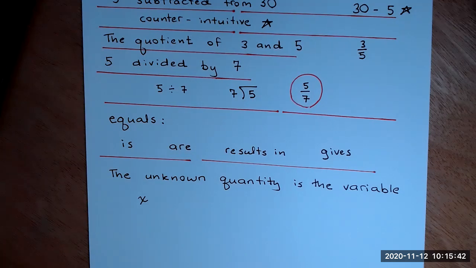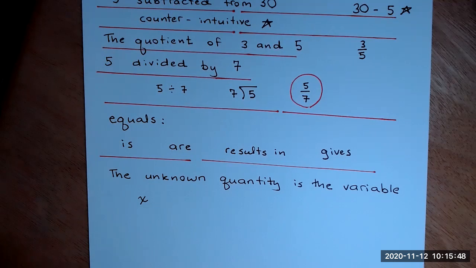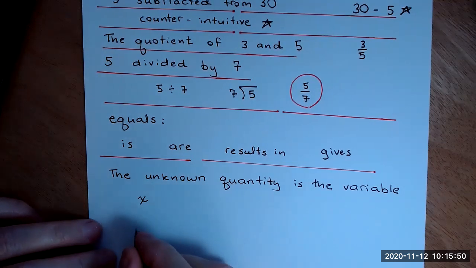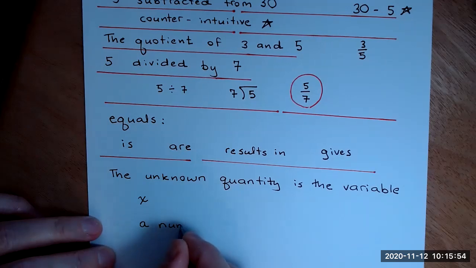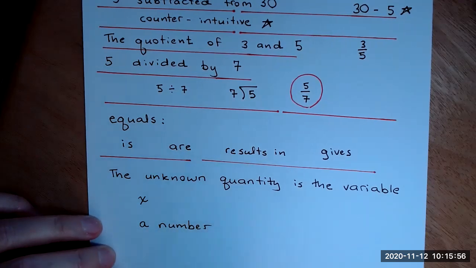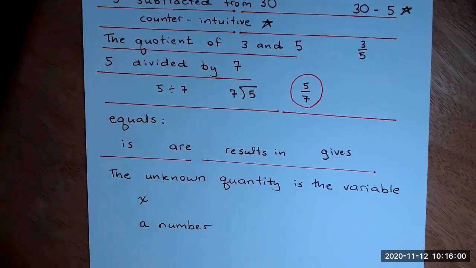Of course, once you get into physics and advanced calculus, you'll use different letters. So sometimes in these problems, they'll say a number. Wherever you see a number, you're going to use X or another letter.